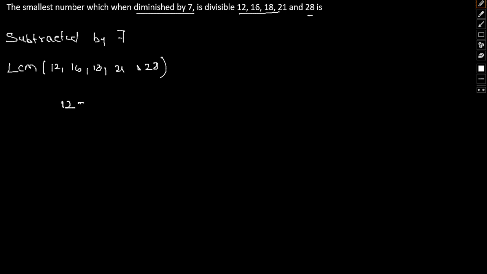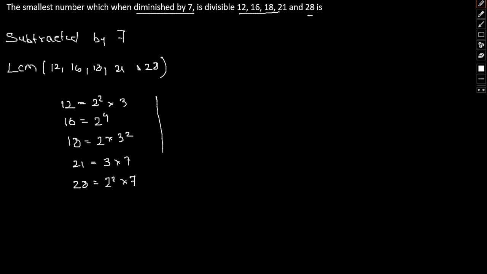Therefore 12 can be written as 2 square into 3, 16 as 2 to the power 4, 18 as 2 into 3 square, 21 as 3 into 7 and 28 as 2 square into 7.